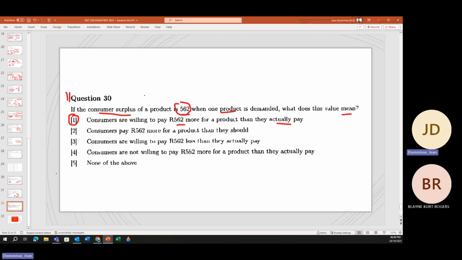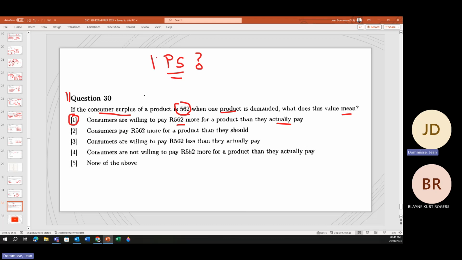But again, if something like this happens, it might also be good to check, and I don't know it off by heart at all, what producer surplus means, because they might ask that in a format like this as well.